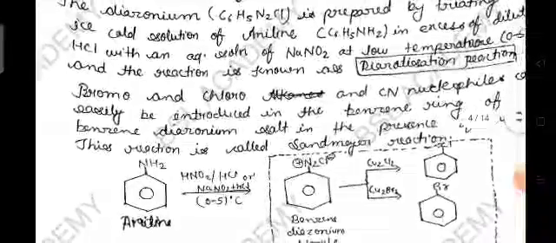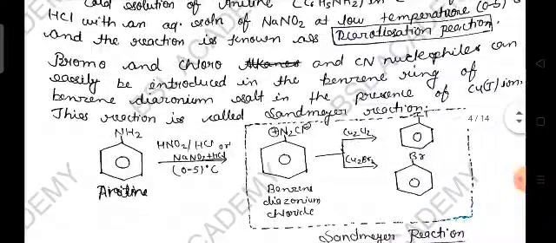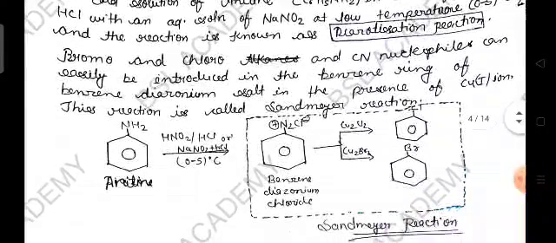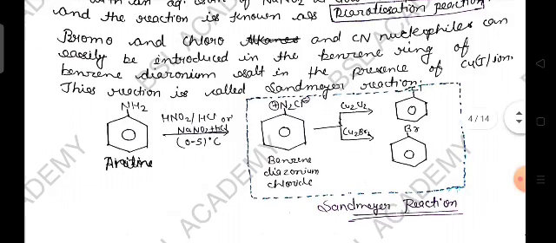And for the Sandmeyer reaction, this reaction proceeds. Bromo and chloro and CN, where CN stands for cyanide. Nucleophiles can easily be introduced in the benzene ring of the benzene diazonium salt in the presence of Cu(I), where I stands for its oxidation state, Cu ion.